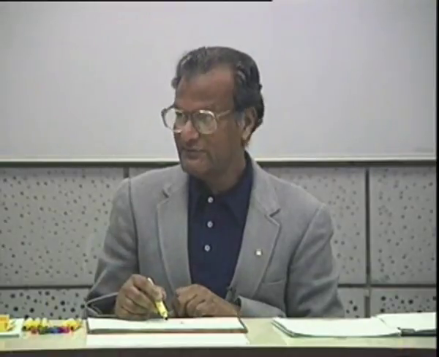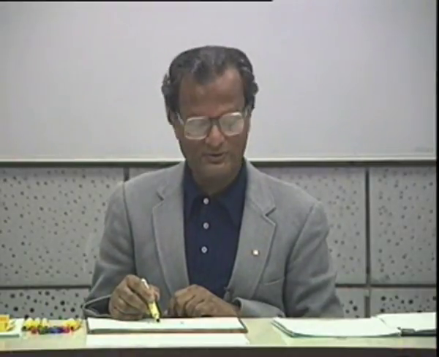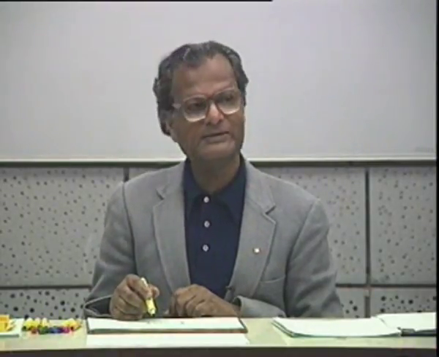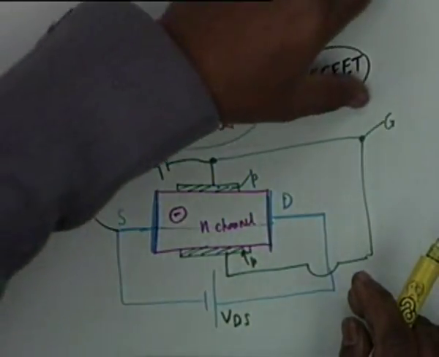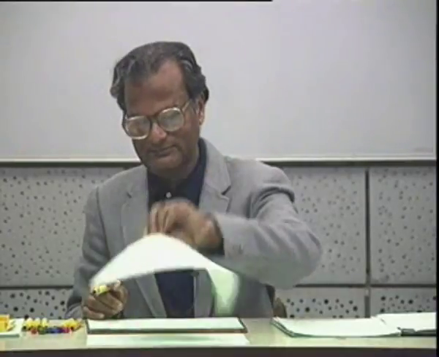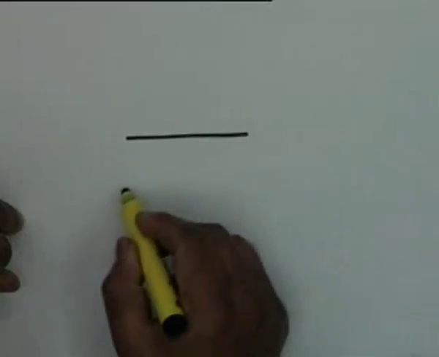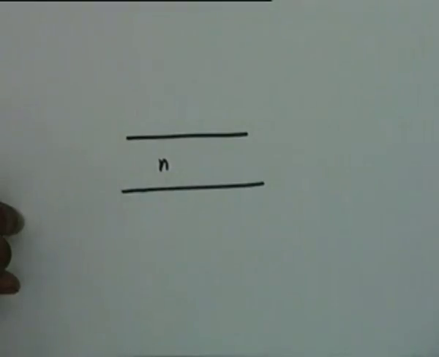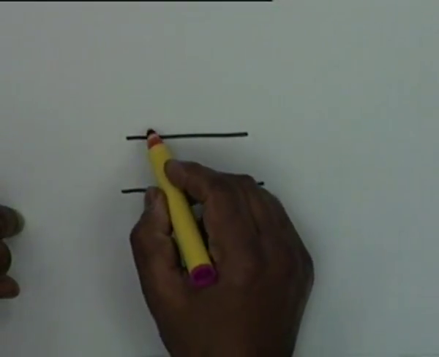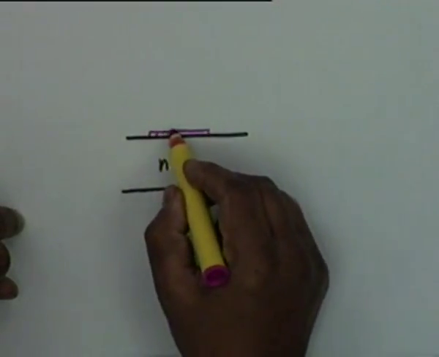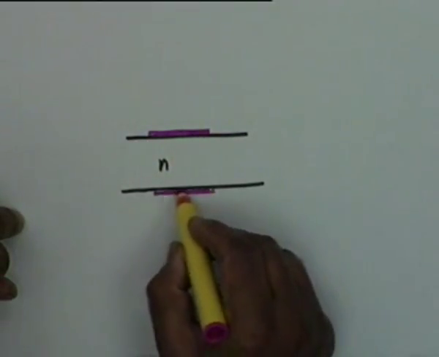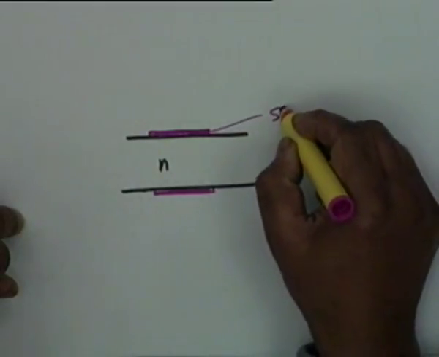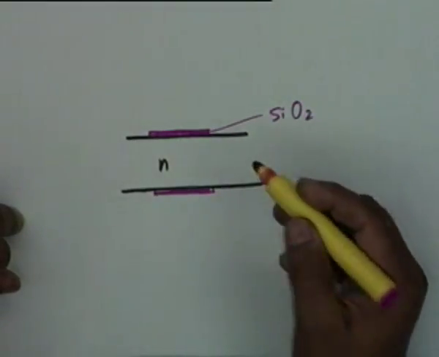The third way that the electron flow in the channel can be controlled is to have a capacitor. Let me draw it separately. You have an N channel, and then what you do is you deposit an oxide material here, and this oxide is silicon dioxide, because the basic material is silicon.